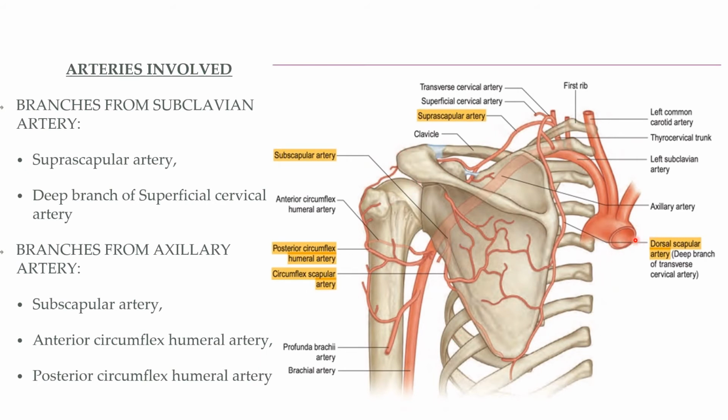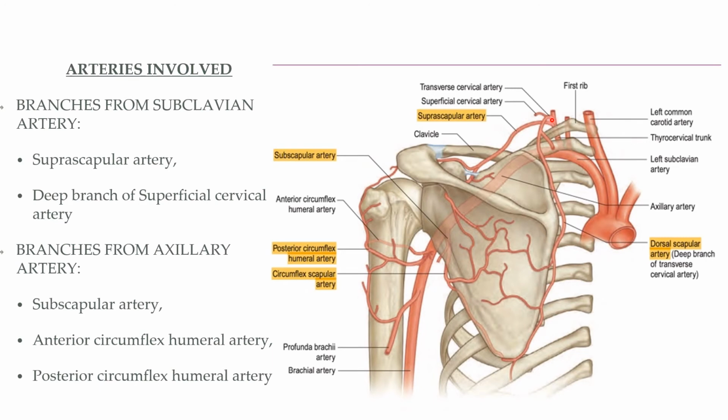Here, this is arch of aorta, from which this is subclavian artery, which beyond the axillary inlet is called axillary artery. Subclavian artery gives a branch known as thyrocervical trunk. From the thyrocervical trunk, two branches arise, one is suprascapular artery and the other one is transverse cervical artery.